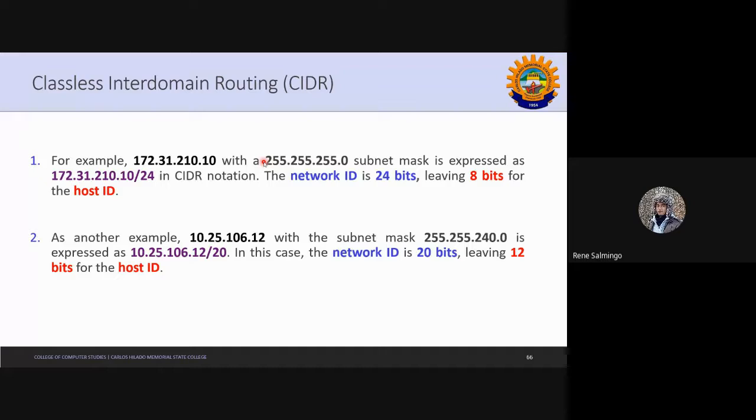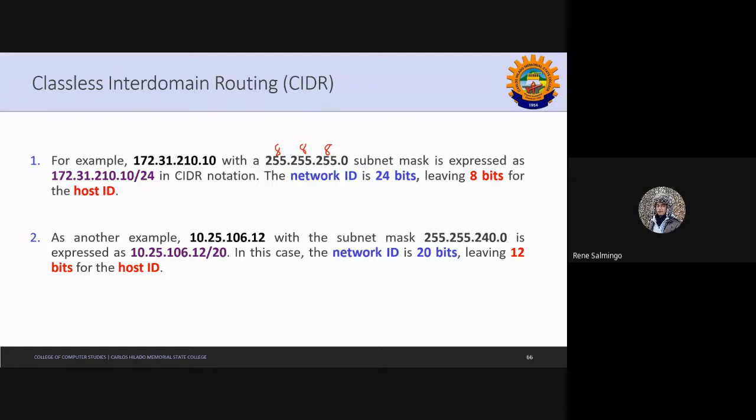So if your subnet mask is 255.255.255, definitely you have 8 bits, 8 bits, and 8 bits. Adding it up, you have your network ID that is 24 bits given the subnet mask.